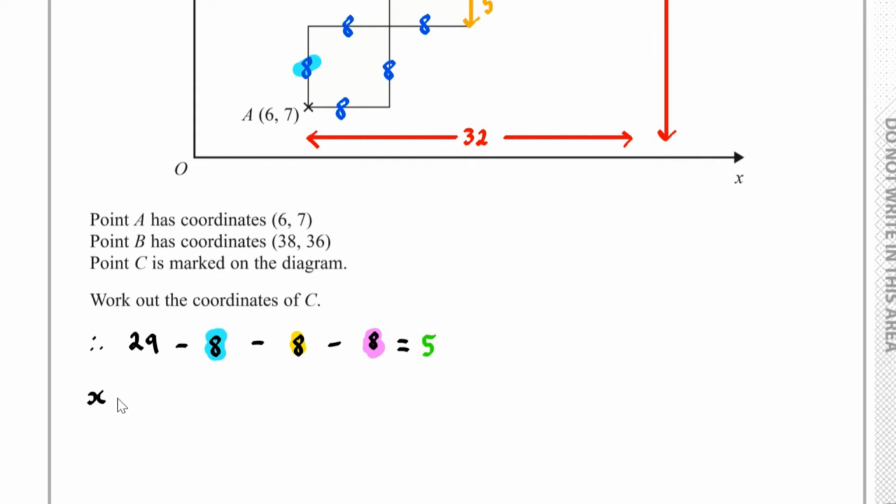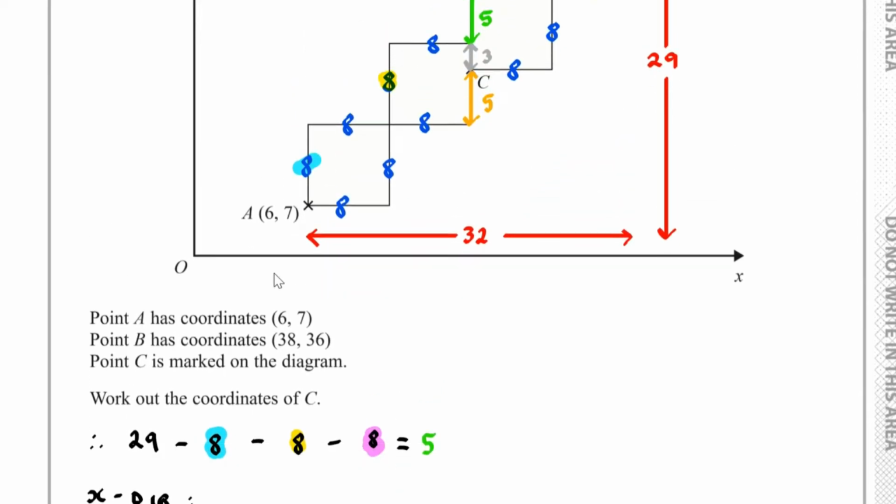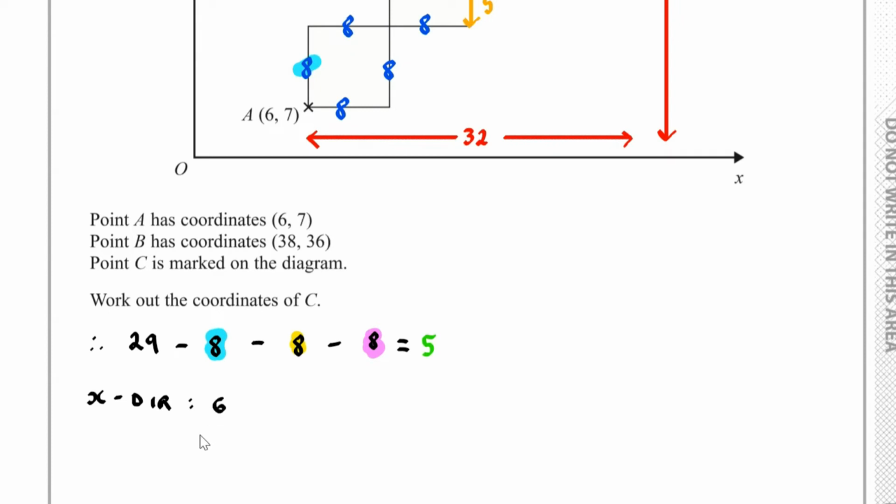For the x coordinate, well, let's consider what's going on in the x direction. We start off at 6, which is the x coordinate of A, and then we add on 8, and then we add on the 8 here, and that gets us 22.